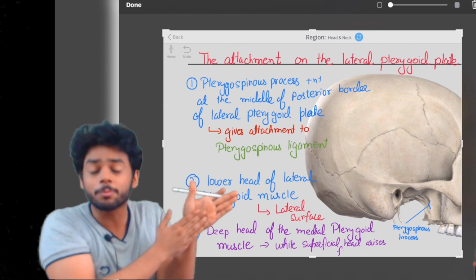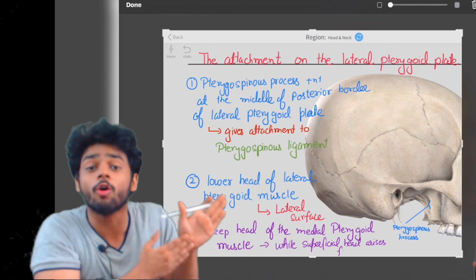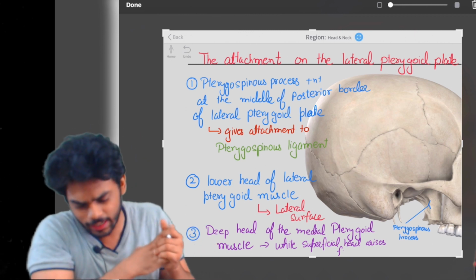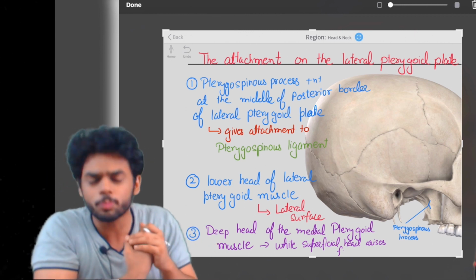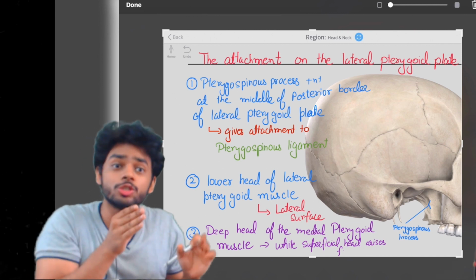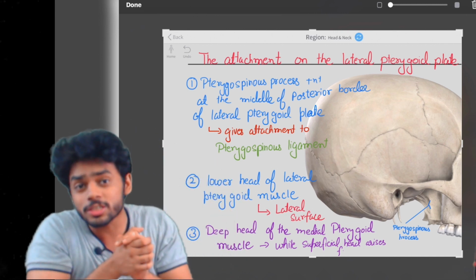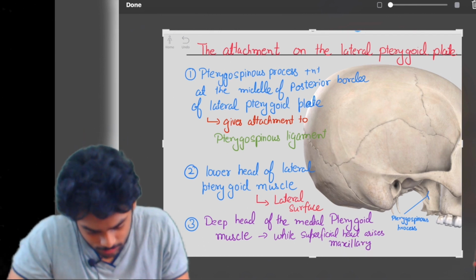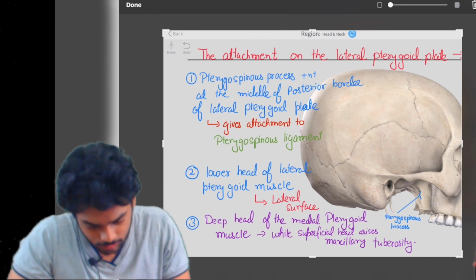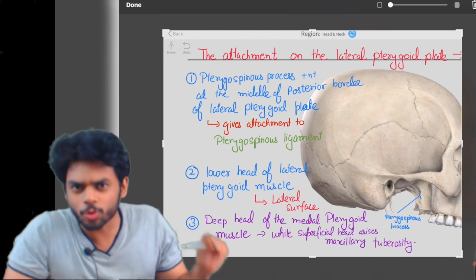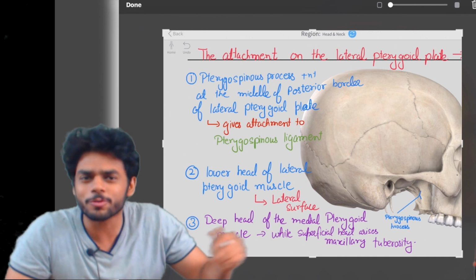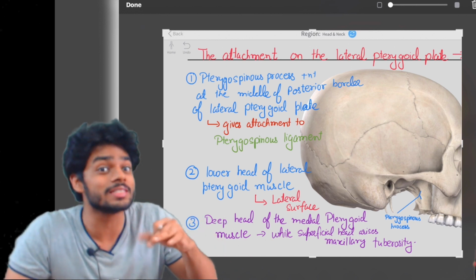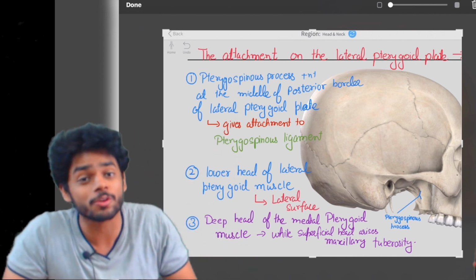The medial part provides attachment to the deep head of the medial pterygoid muscle, while the medial pterygoid muscle also has a superficial head, which is attached to the tuberosity of the maxilla. I will explain this now. Please see. Okay, so just note it down or take a screenshot. Then we will proceed to the animation part, where you can see the structures present on your screen.